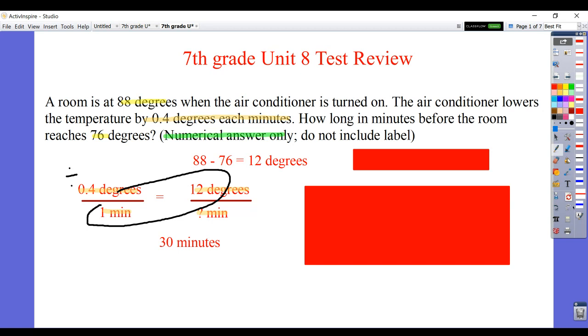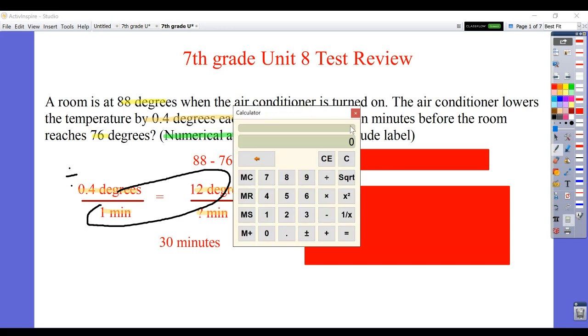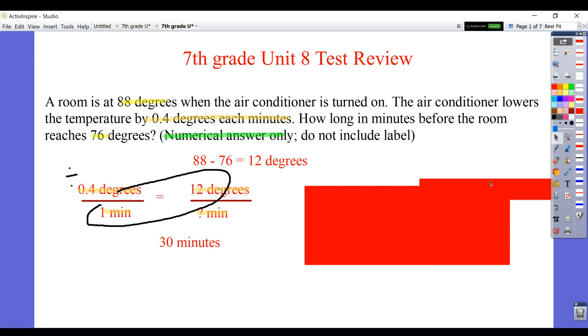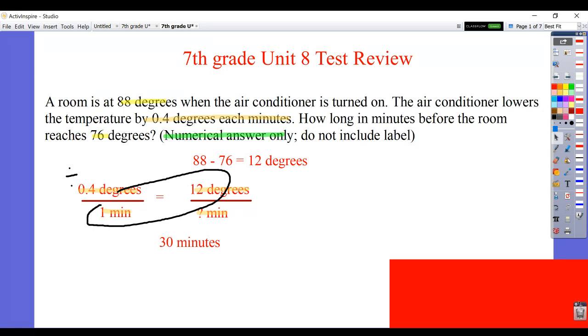So 1 times 12 is, of course, 12, divided by that 0.4 would give you the 30, so that's where the 30 minutes came from. All right, and again, if we were just asking for the label, we'd be looking for the 30, not for minutes.